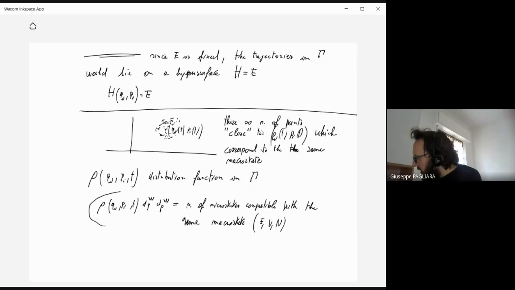The distribution function in phase space is basically the quantity that contains all the information we need.